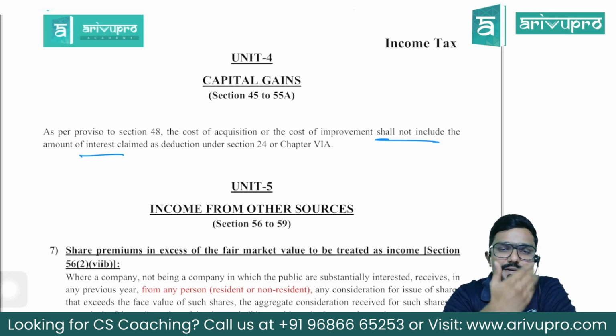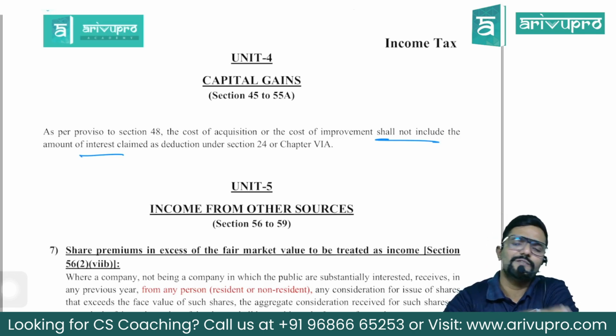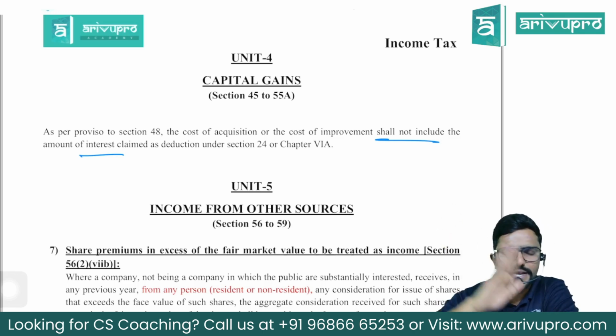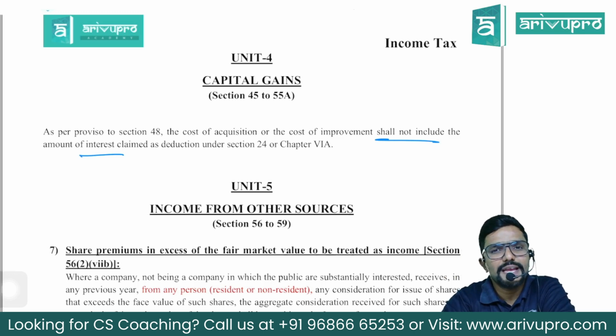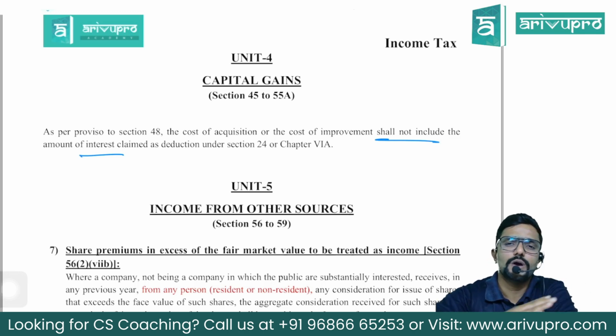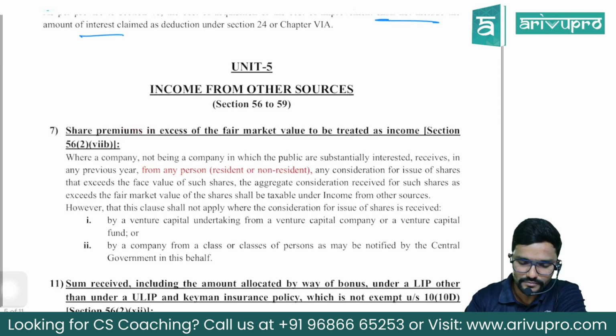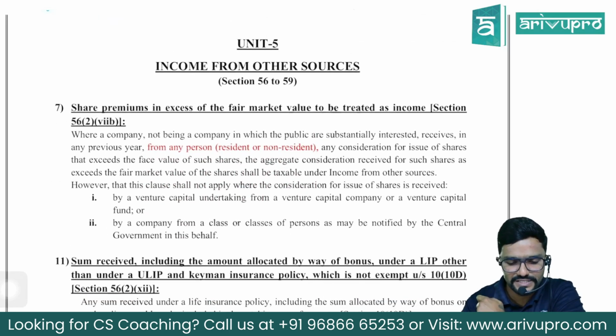Now, sir, when I have claimed the deduction for interest on housing loan under section 24 or even under Chapter VI-A under the section 80 series, can I again claim it as cost of acquisition or cost of improvement? No. Your cost of acquisition or cost of improvement will not include the interest component for which you already claimed deduction either under section 24 or under Chapter VI-A deductions. Clear? Yes. So that is a proviso which is added.